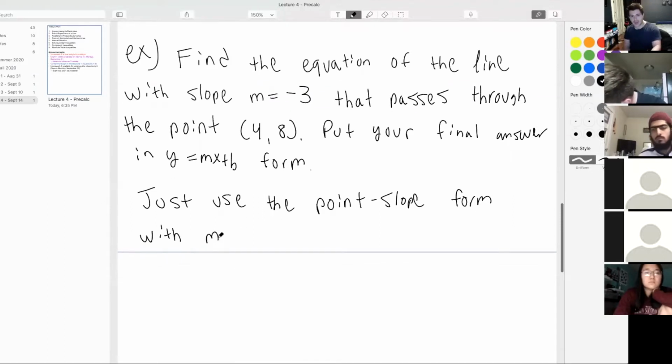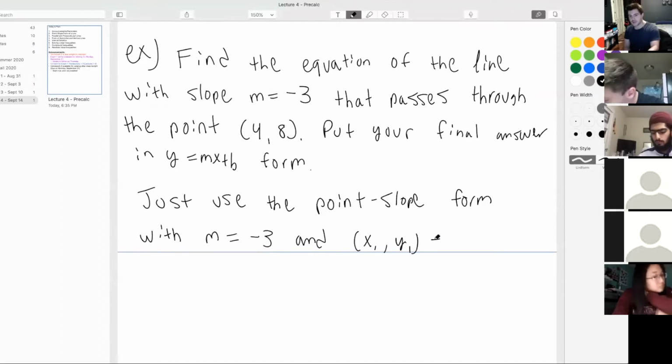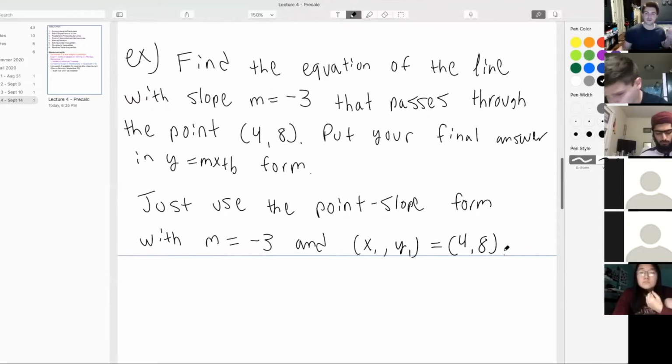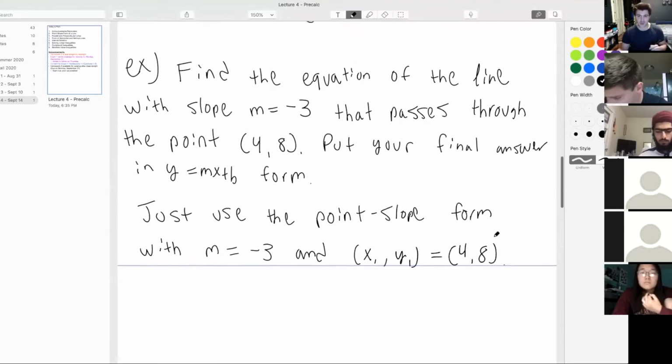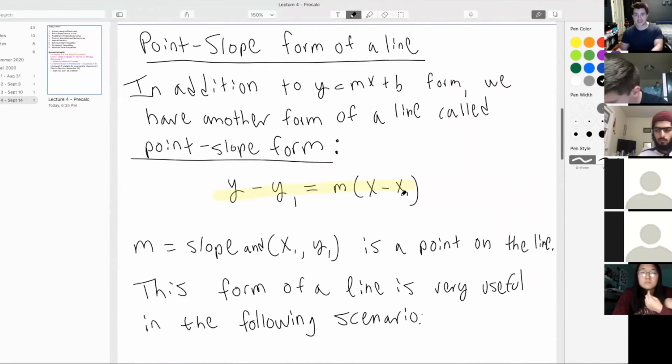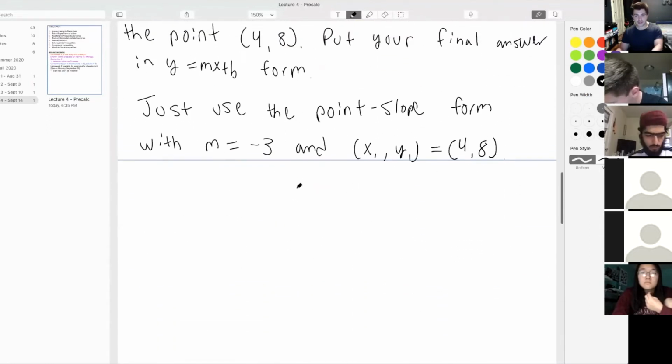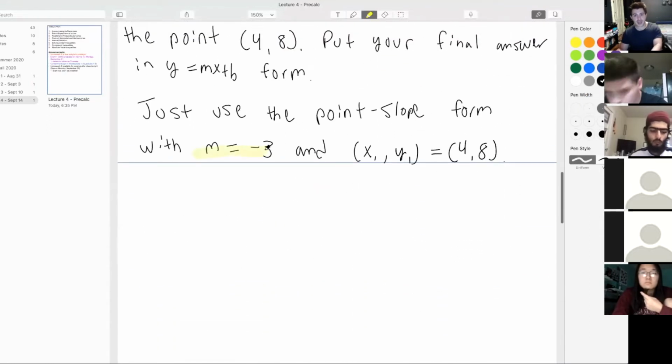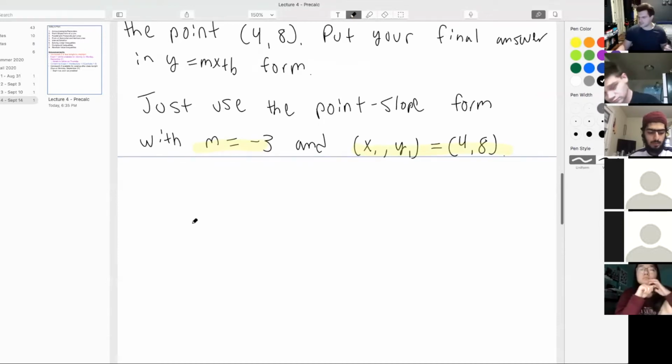So with m equals -3 and x1 comma y1 equaling 4 comma 8. Because those are the exact pieces of info that we need for the point slope form. We needed an m, we needed an x1 and a y1. Well, here's all of that information. We have our m and we have our x1 and y1. All right, so I hope that's cool.